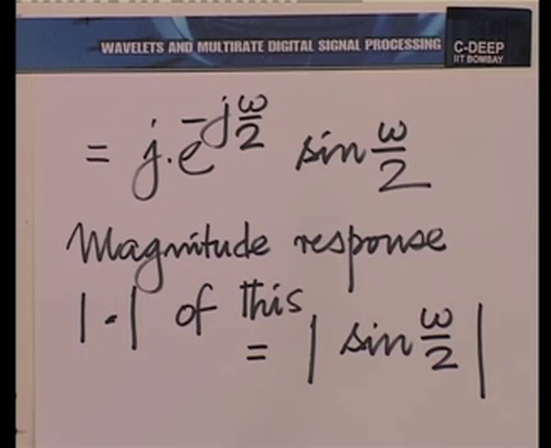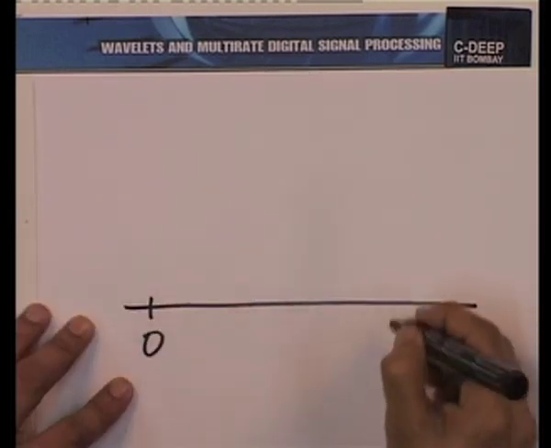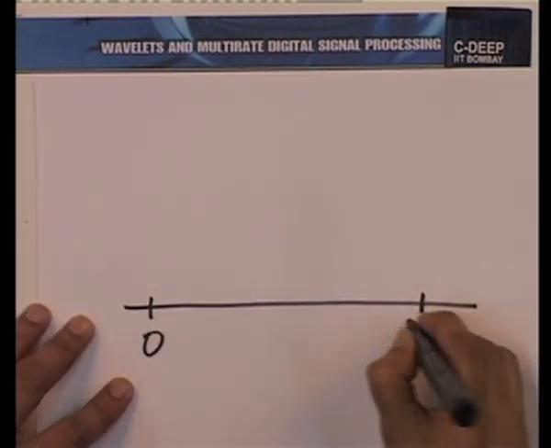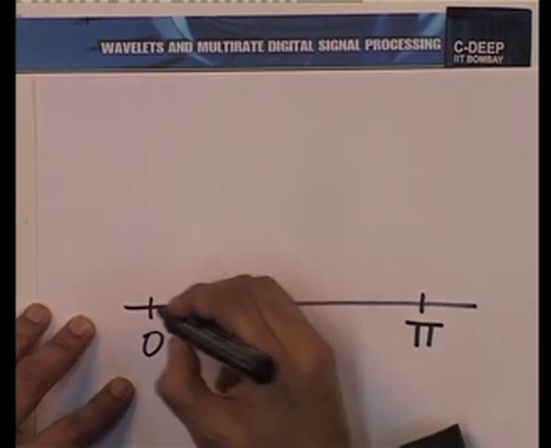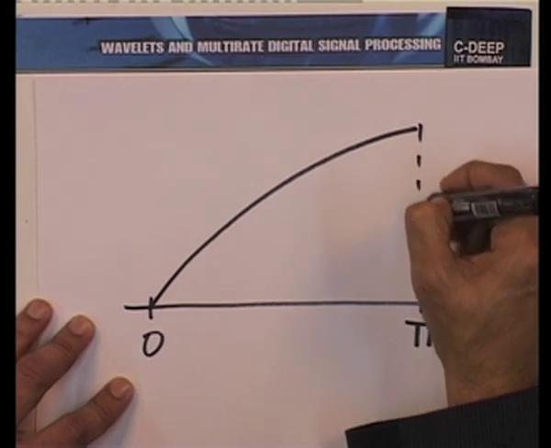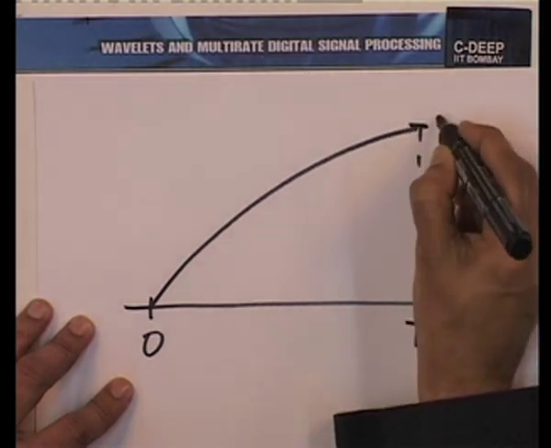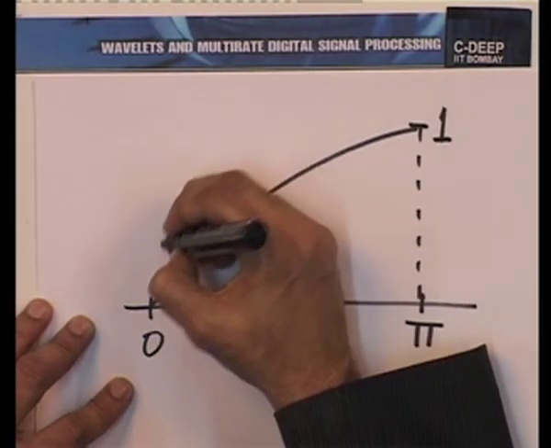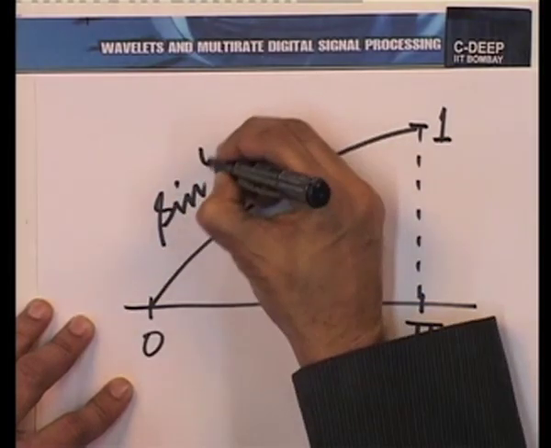Let us sketch the magnitude response as a function of omega. Again, we will sketch it only between 0 and pi for the reasons that I have just explained. So, it will have an appearance something like this. This is going to be 1 here, this is mod sin omega by 2.